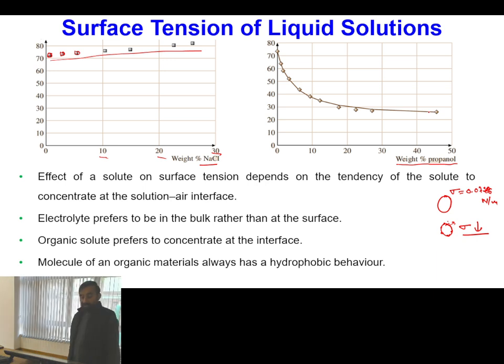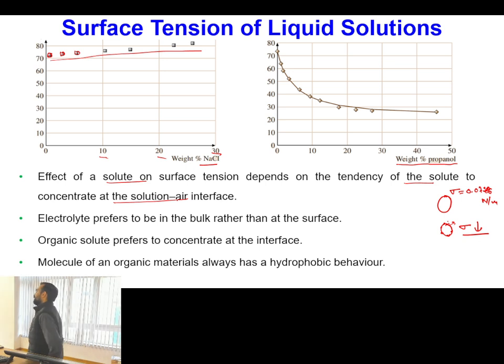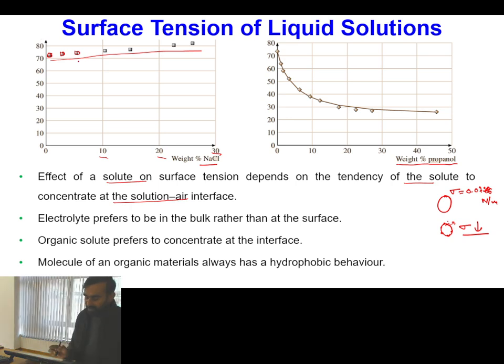Here you can observe that whenever a solute is added, it depends upon the tendency of the solute to either concentrate in the interface or to get mixed with the bulk of the fluid. Whenever we have added NaCl, it's an electrolyte solution.